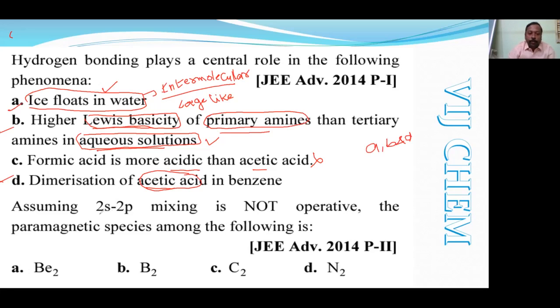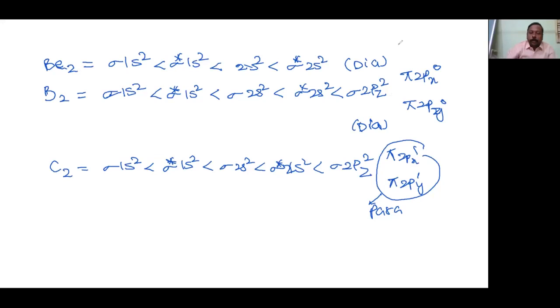Assuming 2s-2p mixing is not operative, the paramagnetic species of the following is. 2014, the most contradictory question is this one. This is the complete electronic configuration I have written by considering no 2s and 2p mixing.